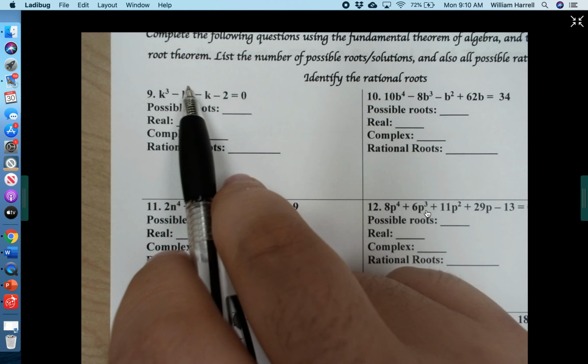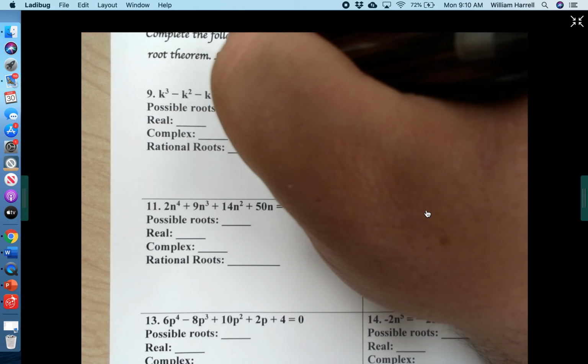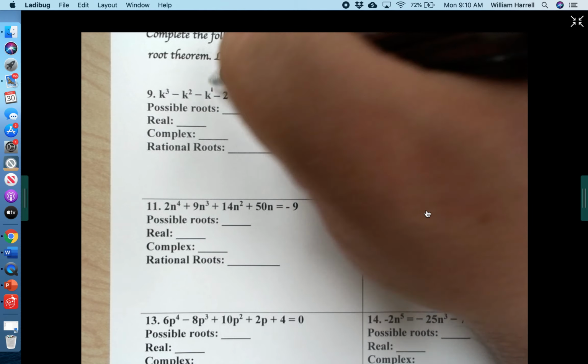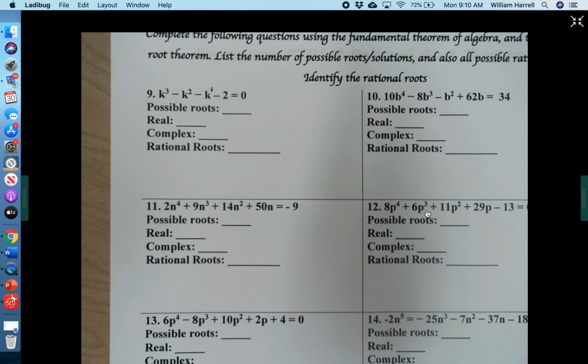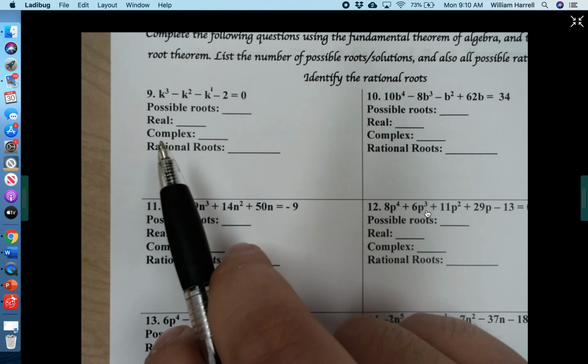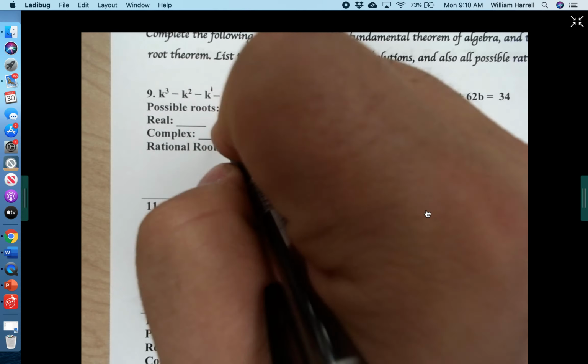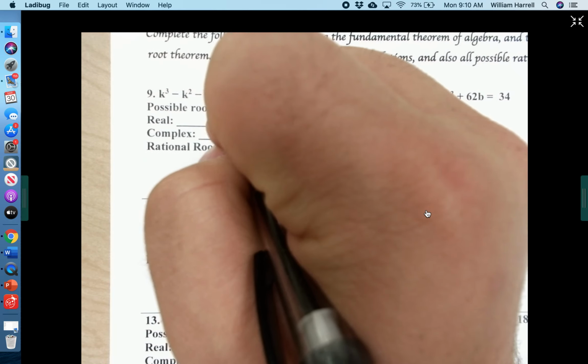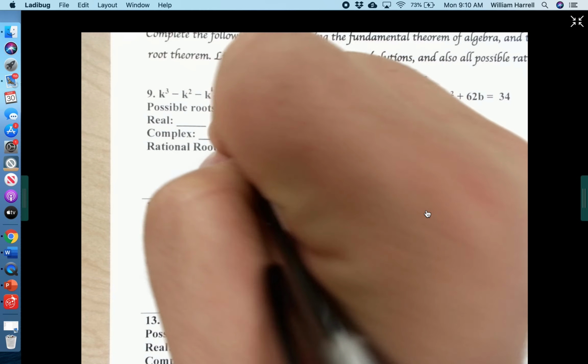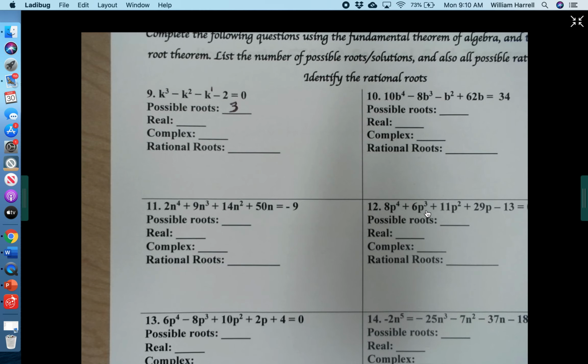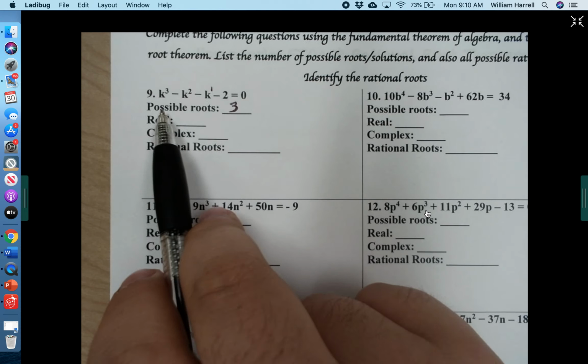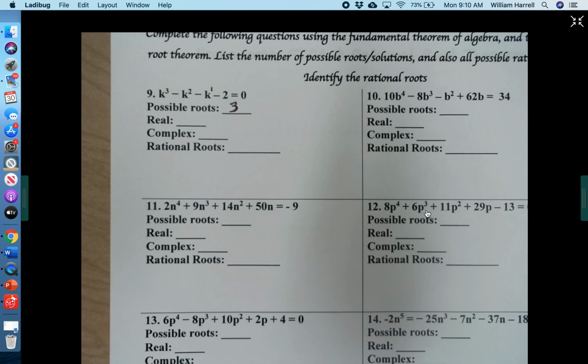So 3, 2, and if I don't have a number attached to a variable, it's an understood 1, and then my constant 0. So 3 is my biggest degree. Therefore, I'm going to have 3 possible roots. Now, identify how many real and how many complex.